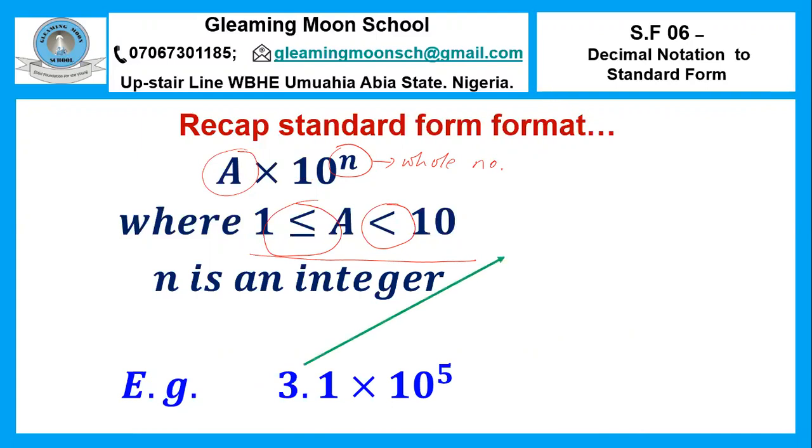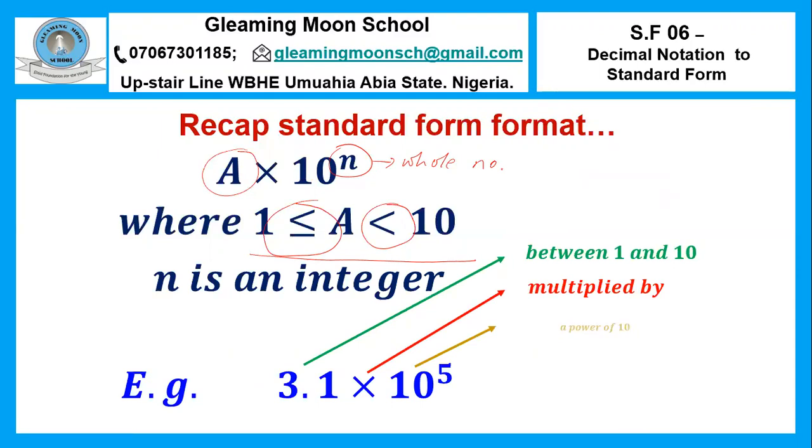And we know that 3.1 is a number that is between 1 and 10, and we know that it is multiplied by a power of 10, and that power is an integer, okay? So this is what we mean by standard form. Any number that is within this format is a standard form. Okay.